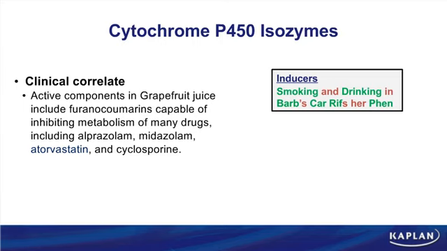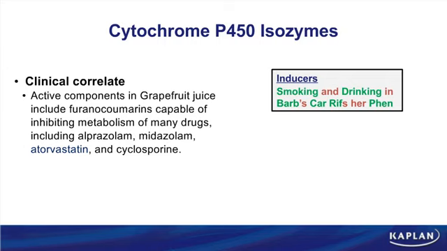Maybe my favorite inducer for your exam is rifampin, a popular antibiotic, anti-tuberculosis type drug, and then phenytoin, an anticonvulsant. So those are my inducers: the hydrocarbons from cigarette smoke, chronic ethanol, barbiturates like phenobarbital, carbamazepine, rifampin, and phenytoin.